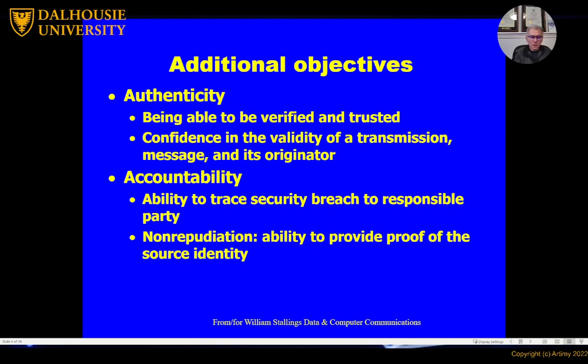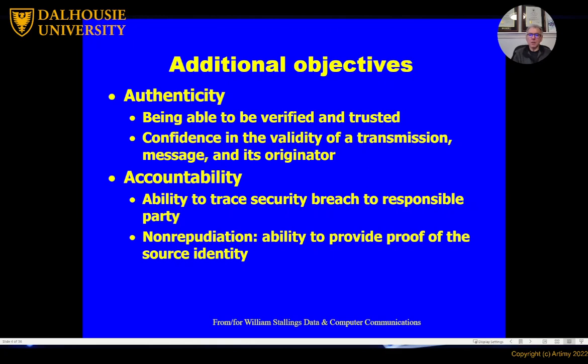That means that if I, let's say, send an email saying the quiz is on Monday, and then later claim that no, I didn't send you that email, it was sent by mistake, or it's not me who sent it, the information system should be able to either prove that I actually sent the email or prove otherwise.